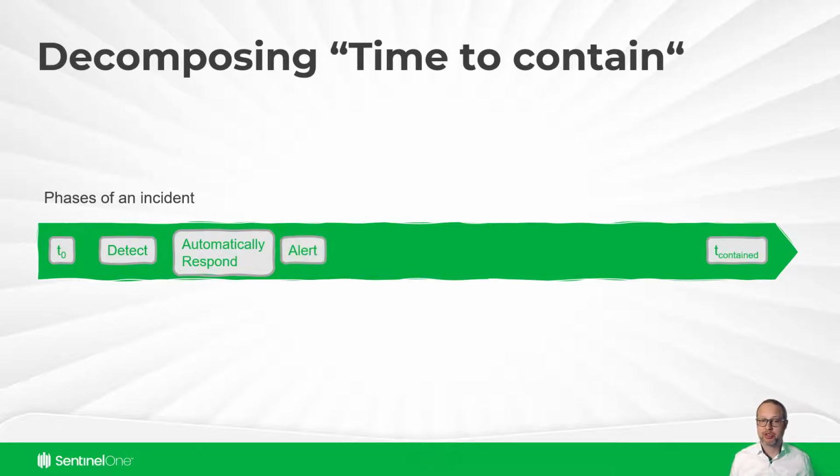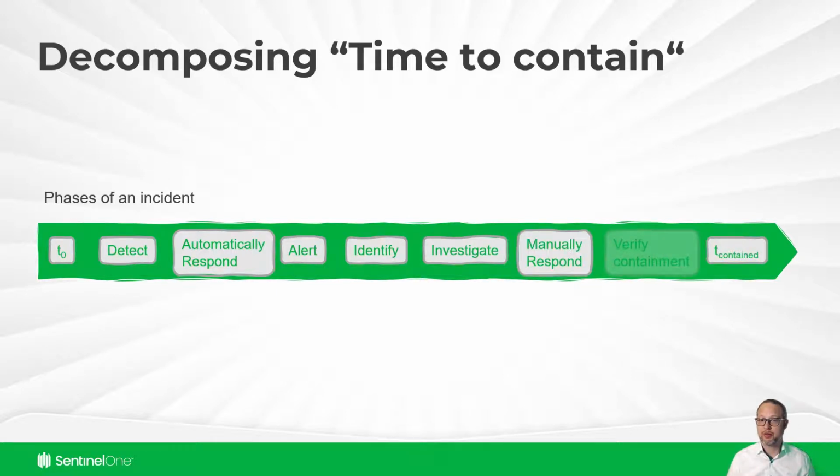You will need to alert your staff. You will need to identify what's going on, investigate what occurred during the incident, then manually respond to it, and then in the end verify that containment has been successful, and that brings you to the containment phase.